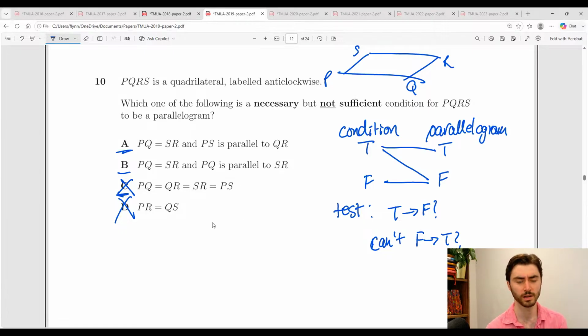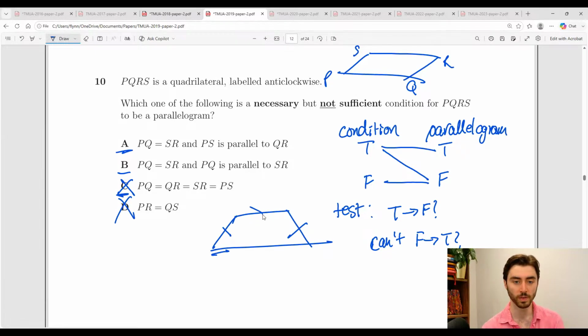So let's consider. PQ equals, so the opposite lengths are, oh, right. So let's consider something like this, where these are the trapezium, where these are parallel and the opposites are the same length.